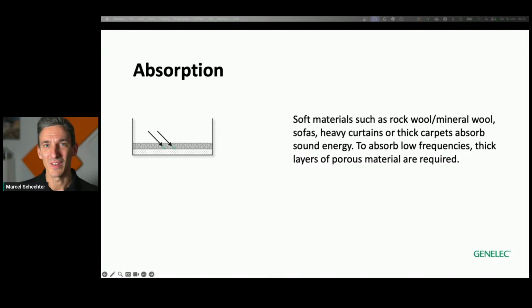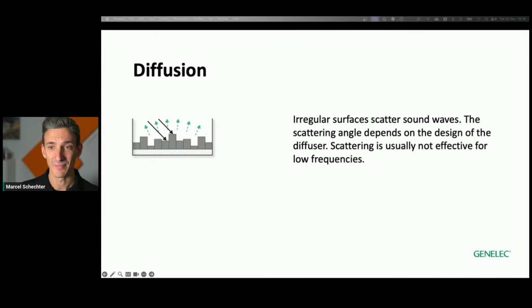And so the energy of the sound is reduced. So before it's reflected, the energy is reduced, or if, for example, the material is thick enough, it can happen that the complete energy is absorbed, so no reflections are happening. This is absorption.